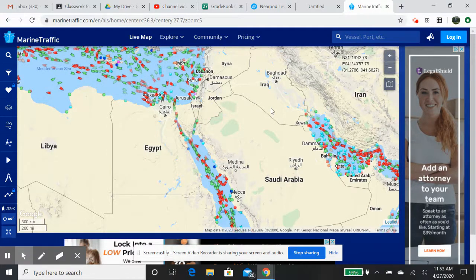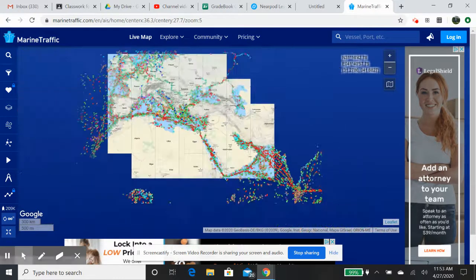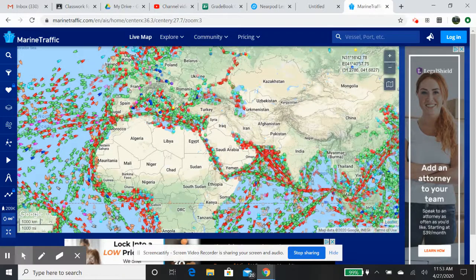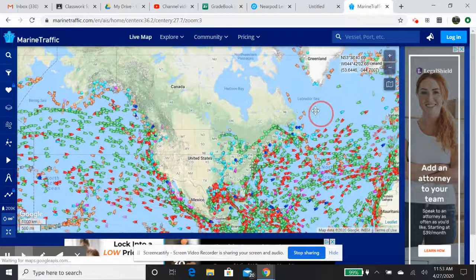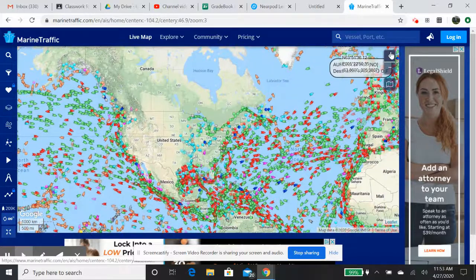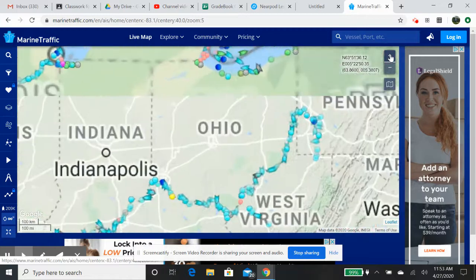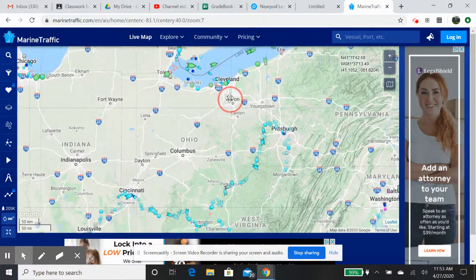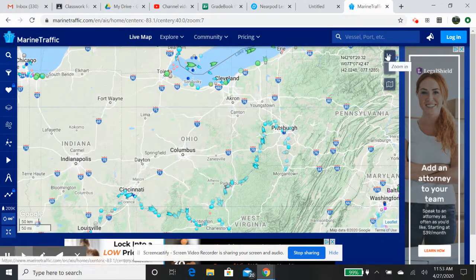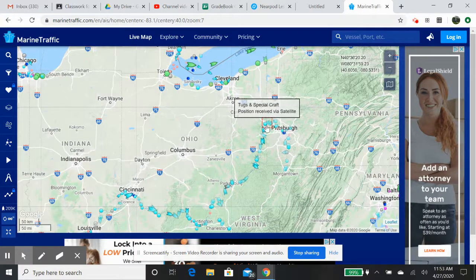We zoom out, and we can scroll over here to the United States. Here, look, we can move into Ohio and see all of the shipping that's going on within the Ohio River.